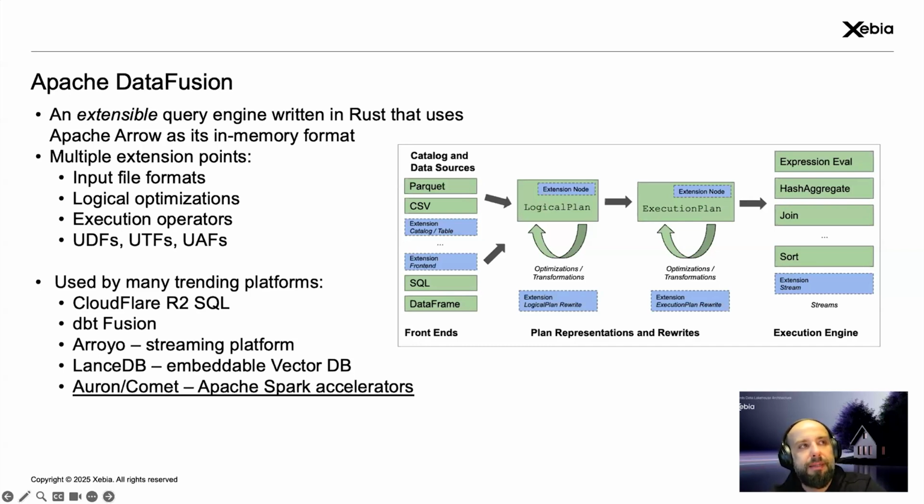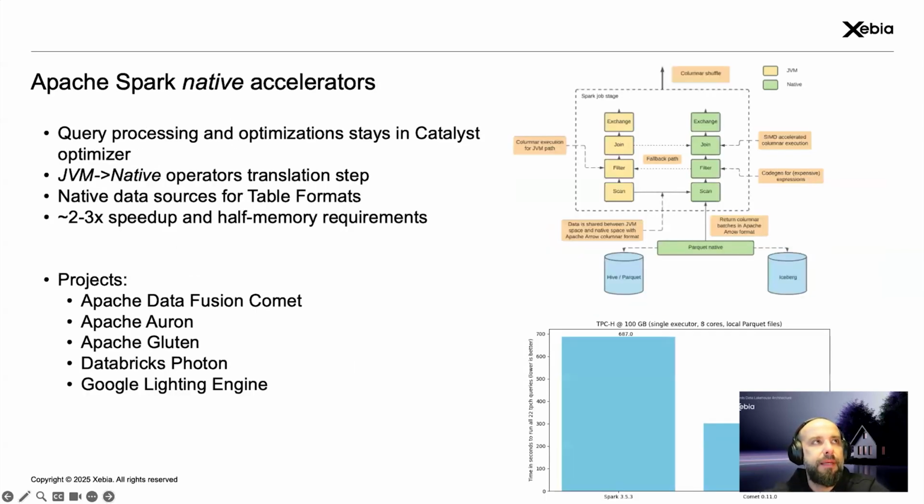LanceDB is also a trending vector DB. We also presented that during our session on the storage layer. And finally, there are projects like Apache DataFusion Comet or Apache Auron that are Apache Spark accelerators. They are both written using Apache DataFusion.